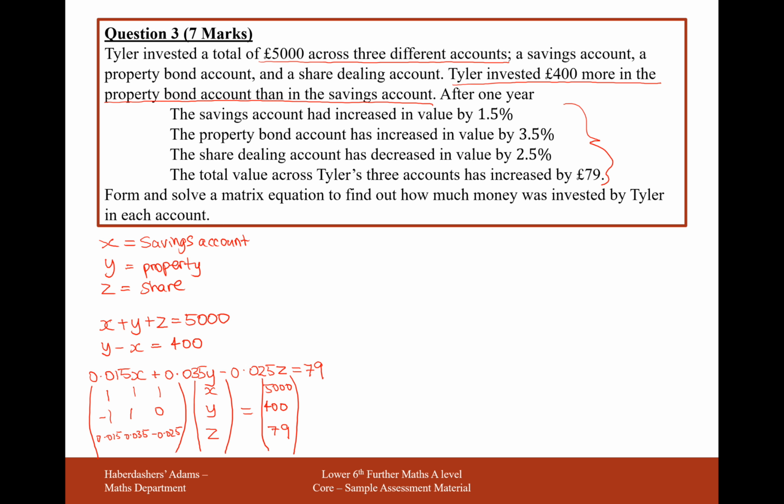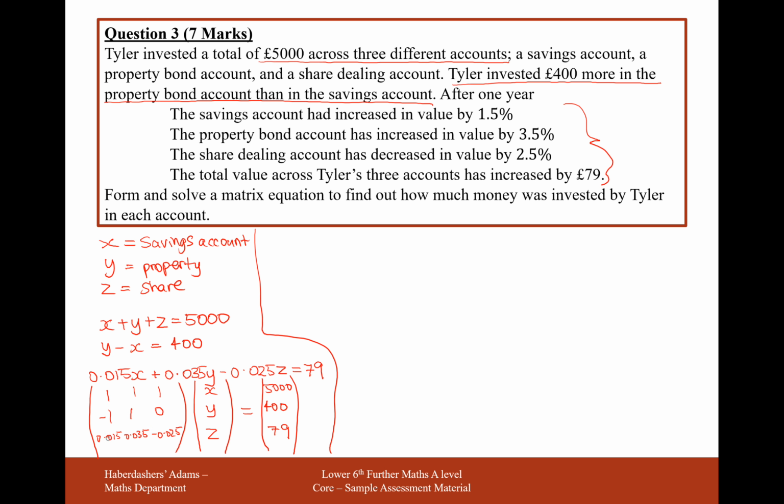Okay, so what we have here is now a matrix equation. We've got our matrix times by our x, y, z, and this will equal 5,479. What we want to do is work out how much x, y, and z are worth. So what I want to do effectively is divide by this first matrix. Now I can't do that, but what I can do, if you remember, is times by inverses of matrices.